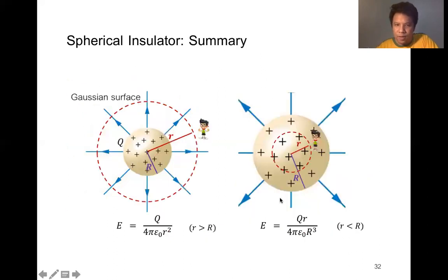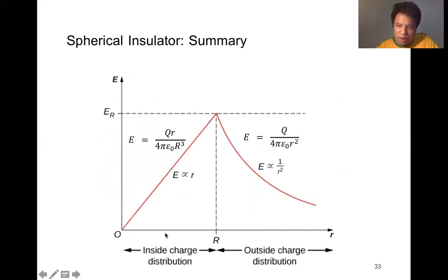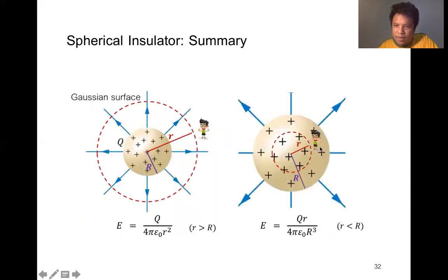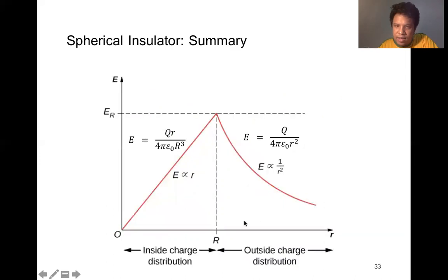So with these two cases, for the outside region, we found that E is inversely proportional to R squared, but for the inside, E is proportional to R, a linear function.